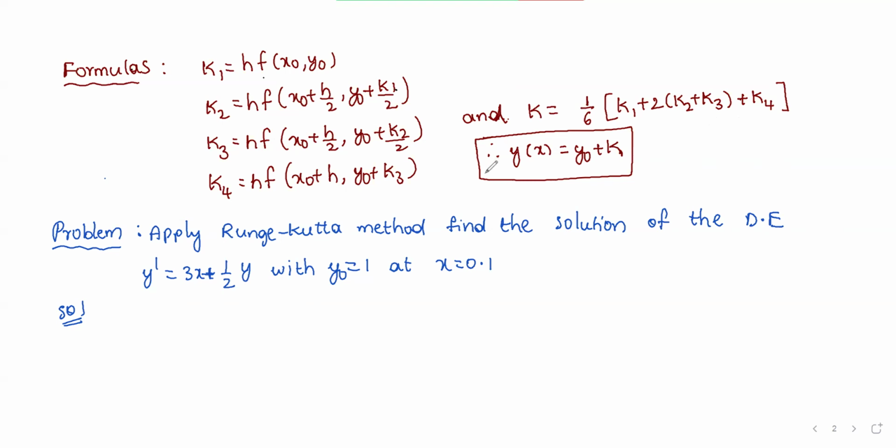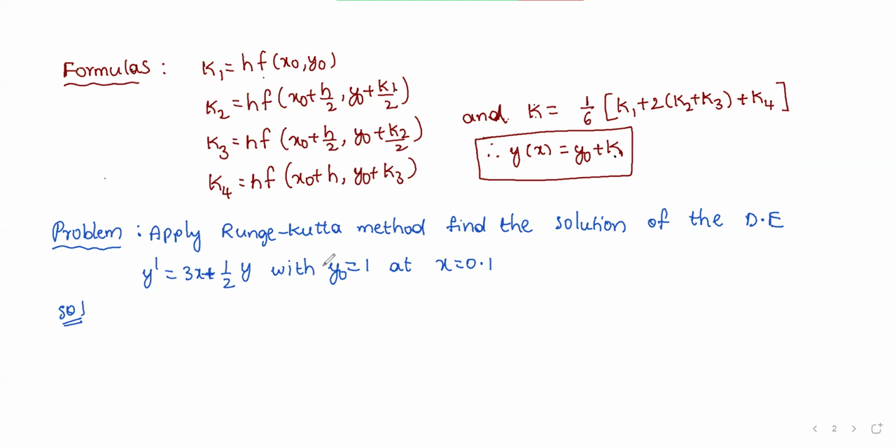Finally, we have to find the value of y at x equal to some particular value. y of x is equal to y naught plus k. This k value, substitute here. By using these formulas, I will solve one important problem.